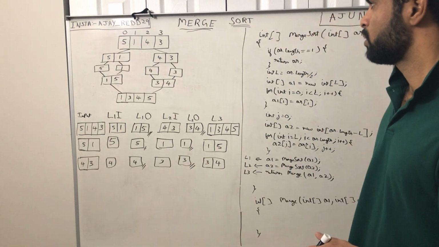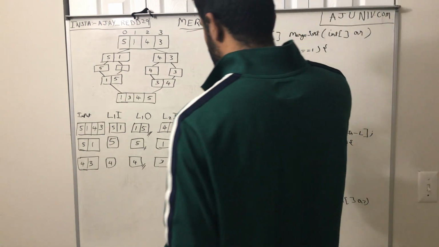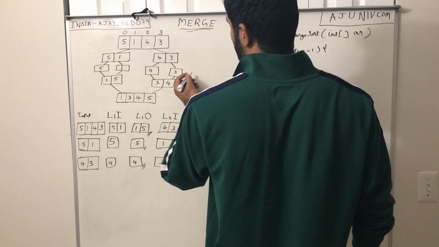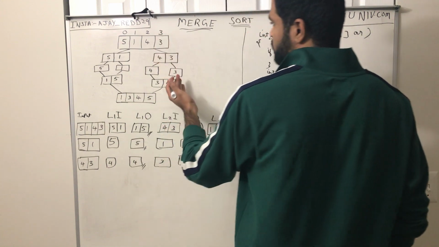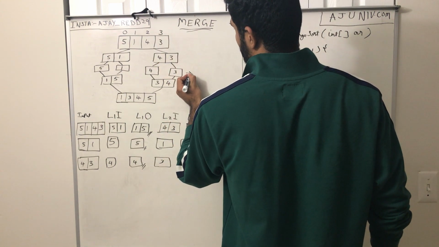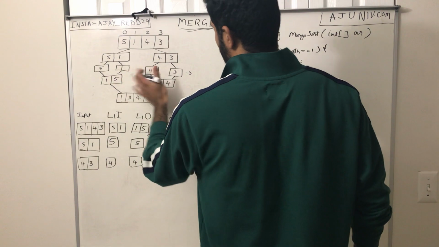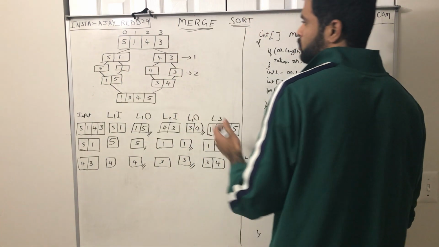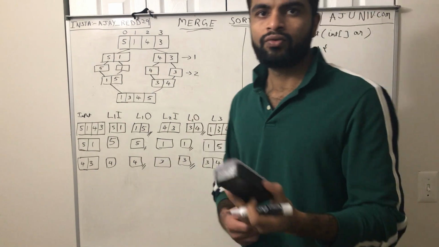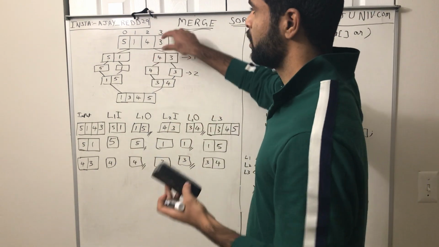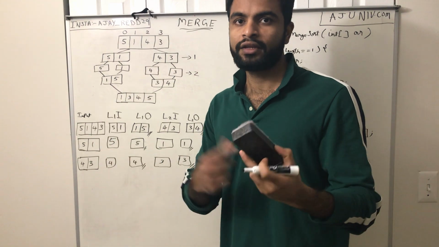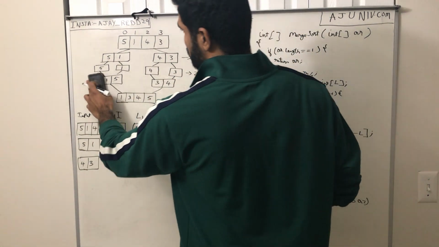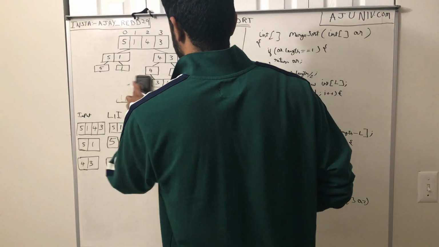And coming to the time complexity, here if you see, I'm splitting the array till this level, splitting at level 1 and splitting at level 2. So for me to split this array until I get arrays of length 1, I need 2 levels. Okay, so this merging is not just this one.